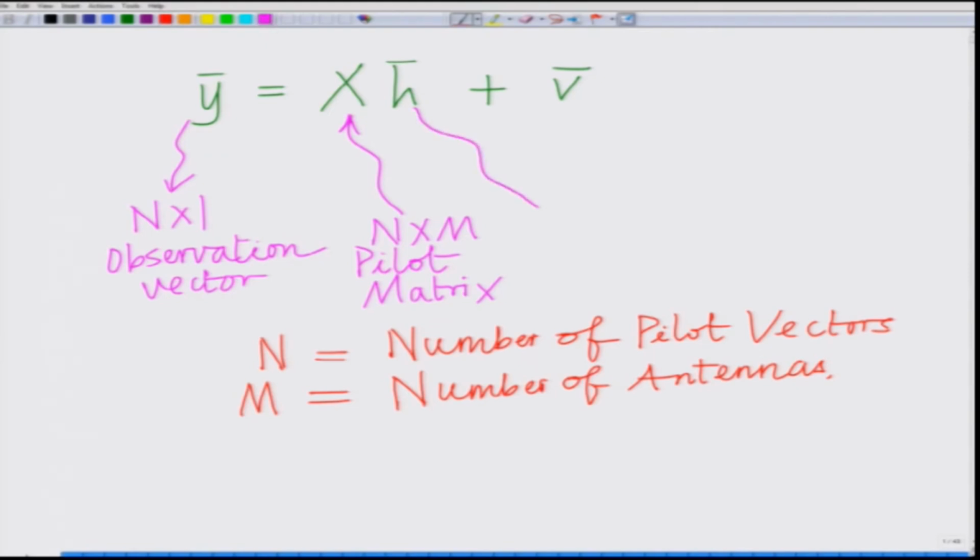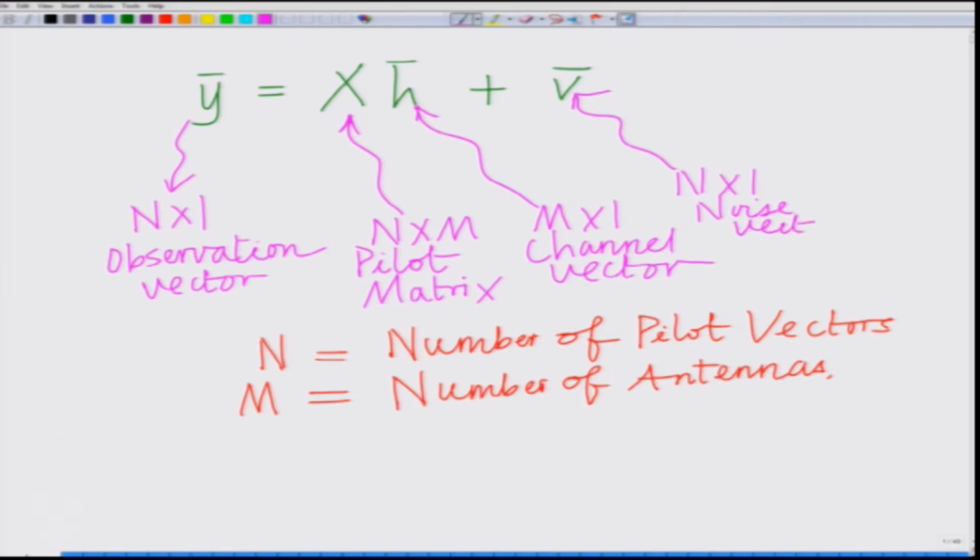H bar is the M cross 1 channel vector, and V bar is the N cross 1 noise vector. H bar is naturally an M cross 1 channel vector.